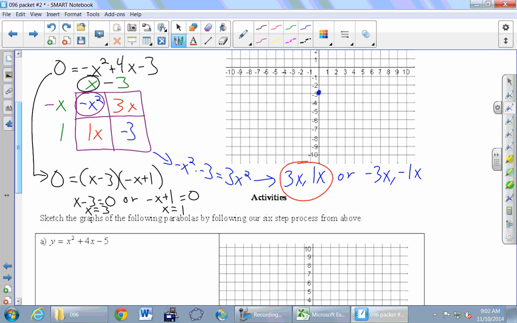One of them is at 3, one of them is at 1. Okay, so those are our intercepts. That negative 3 was the y-intercept.